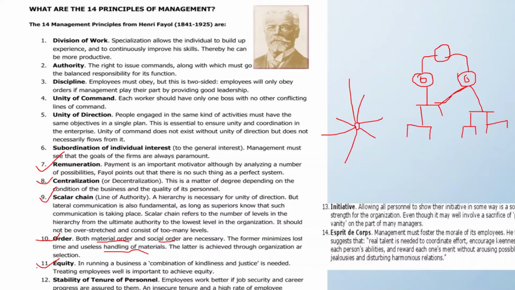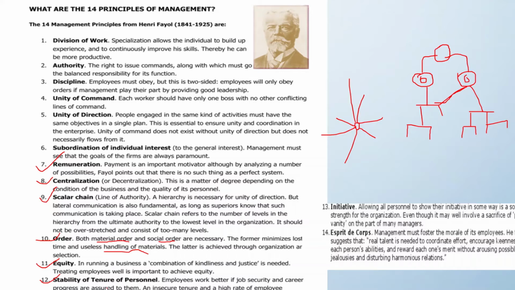Then stability of tenure of personnel. Employees work better if job security and career progress are assured to them. An insecure tenure and high rate of employee turnover is not good, right? When employees work better, they expect job security and career progress. That is the individual need.